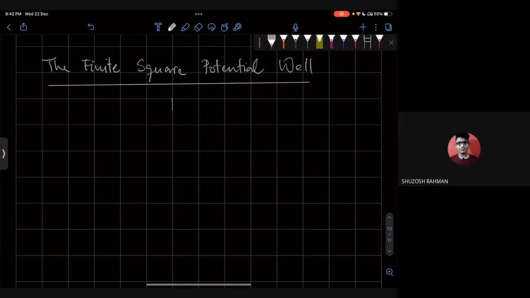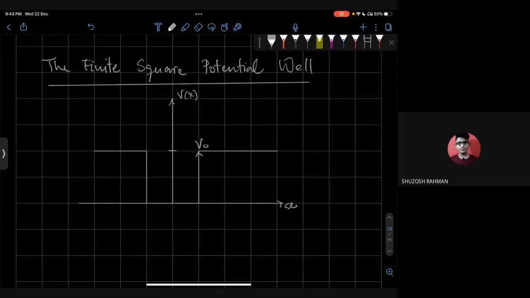So we have V of x, and this is the x-axis, and this is V naught.